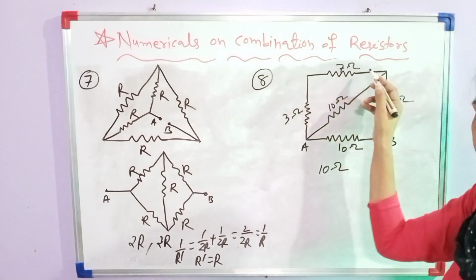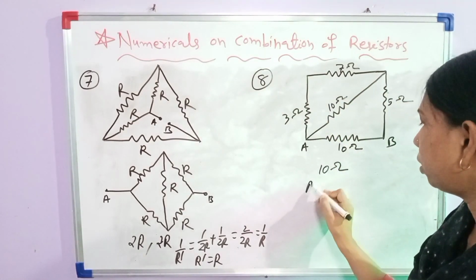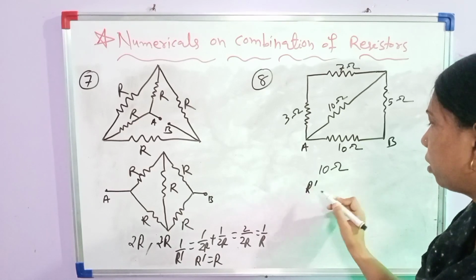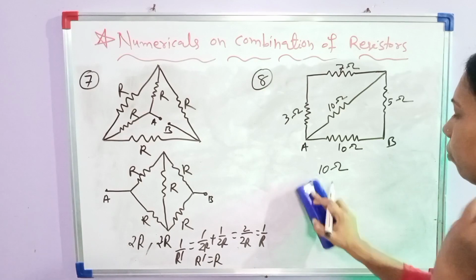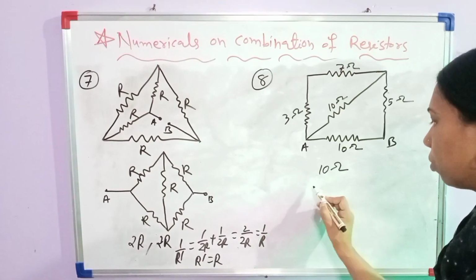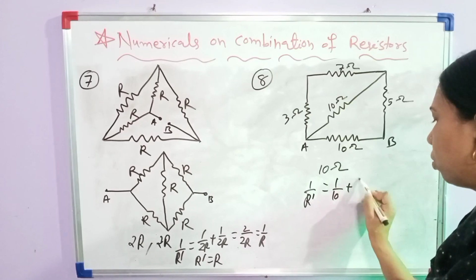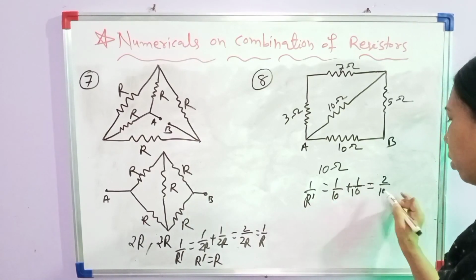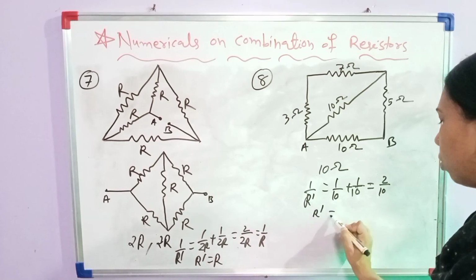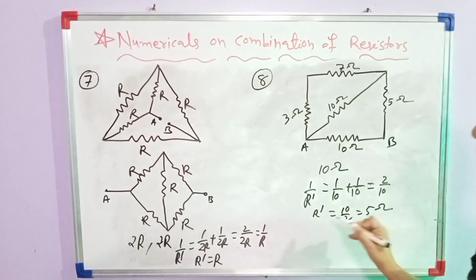Again this 10 ohm and 10 ohm are in parallel. So let the equivalent be R dash. So 1 upon R dash equals 1 upon 10 plus 1 upon 10 equals 2 upon 10. So R dash equals 10 upon 2 equals 5 ohm.